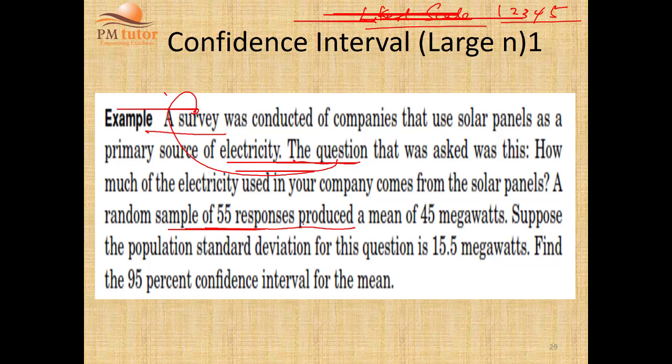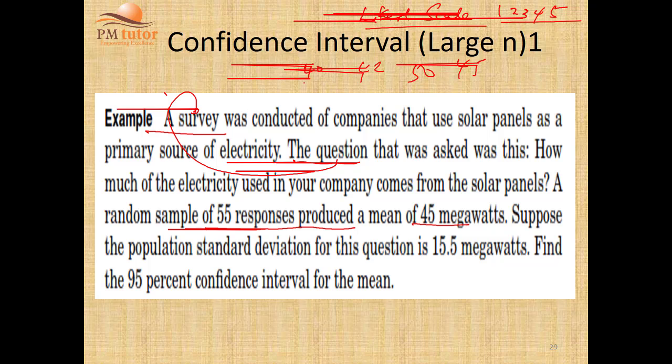And out of these 55 responses, a mean of 45 megawatts. That means by the time you calculated what the 55 of them said, what they got was 45 megawatts. Some people may have said 40 megawatts, some 42, some 50, while some may have said 45.